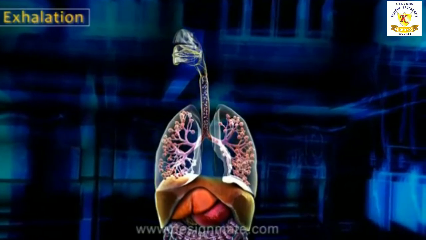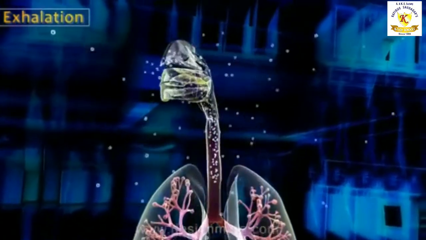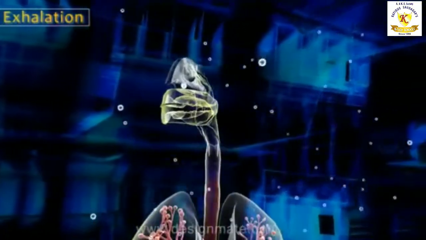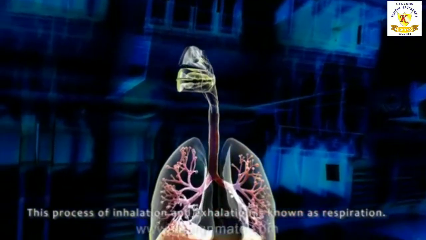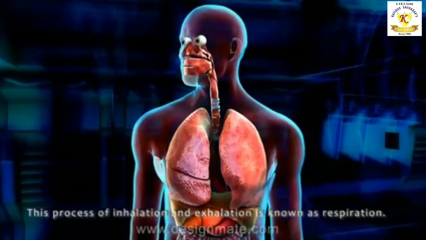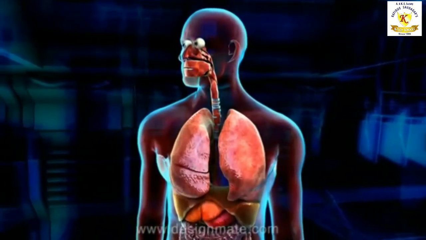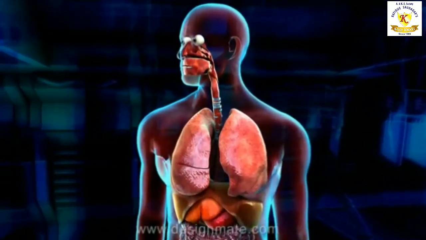Thus, the alveoli deflate, causing the air to be forced out. This exhaled air is rich in carbon dioxide, and this process of inhalation and exhalation is known as respiration, which occurs approximately 20 times per minute.